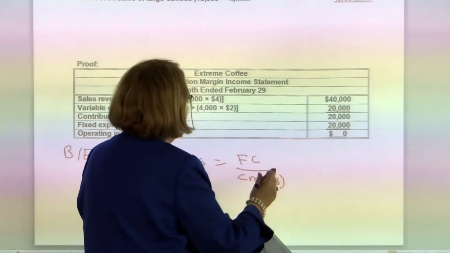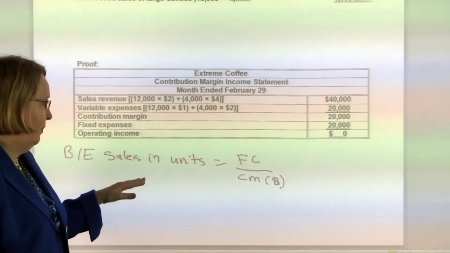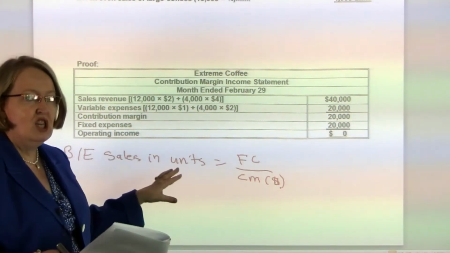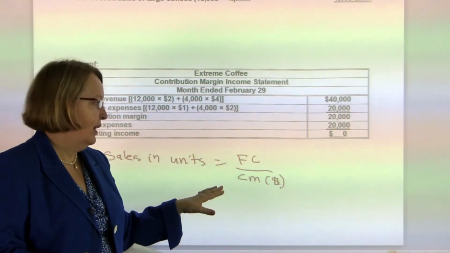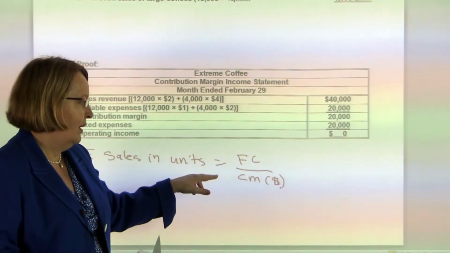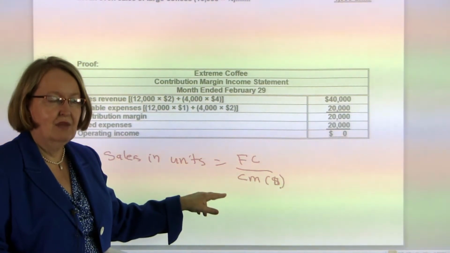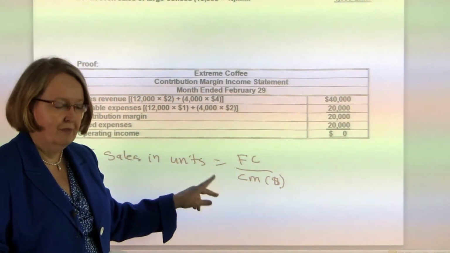That was the case in this problem. So if you're trying to figure out how many units you need to sell to break even, it's your fixed cost divided by your contribution margin per unit expressed in terms of dollars.